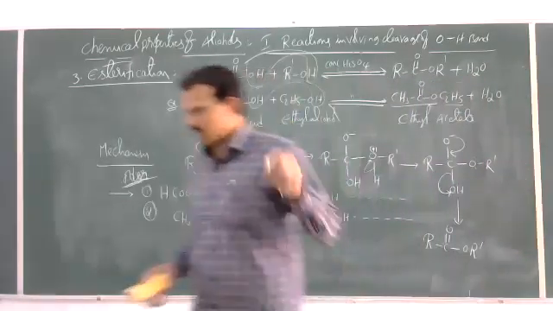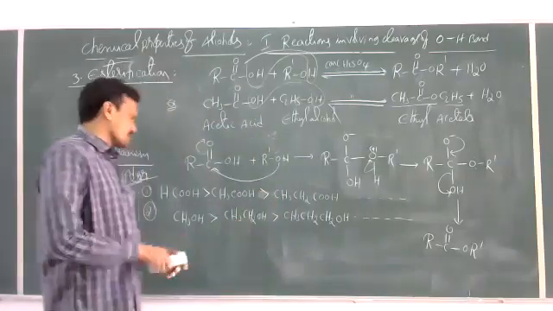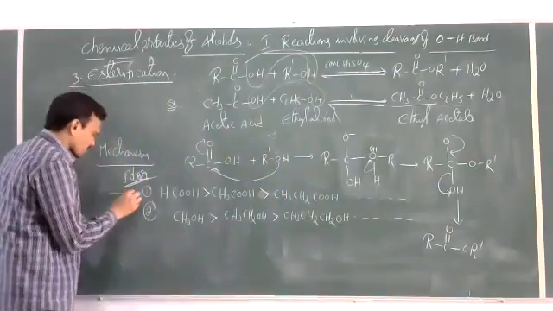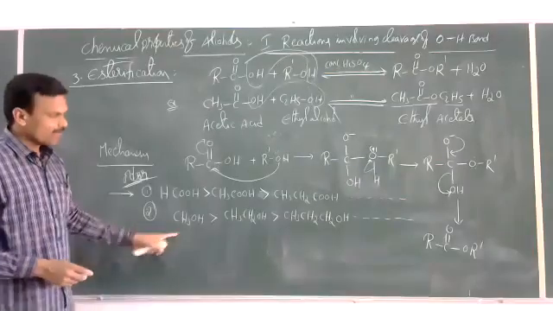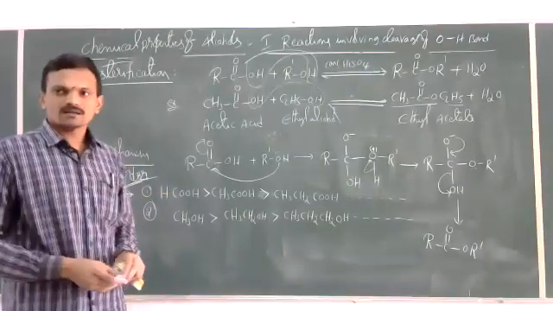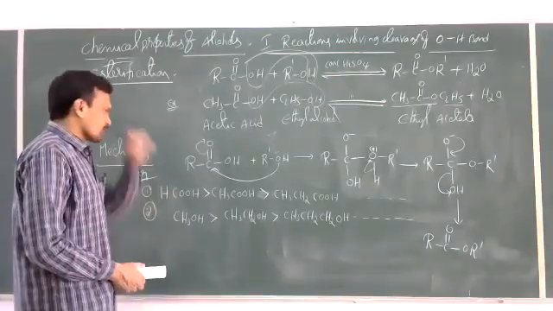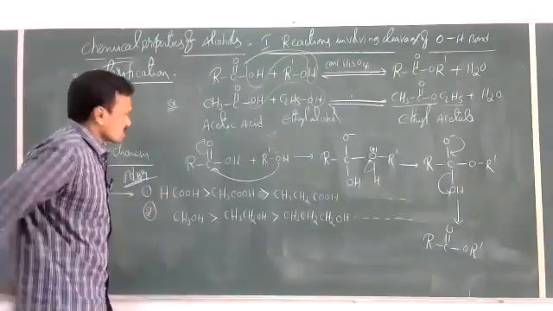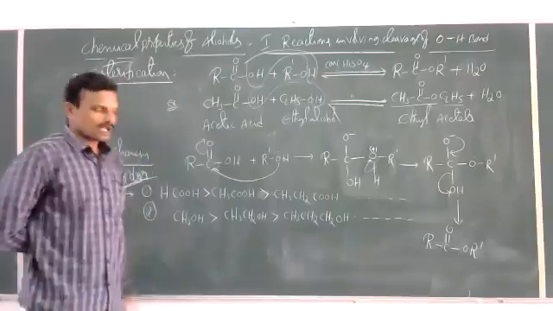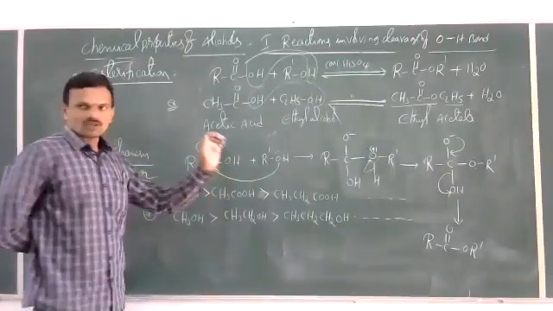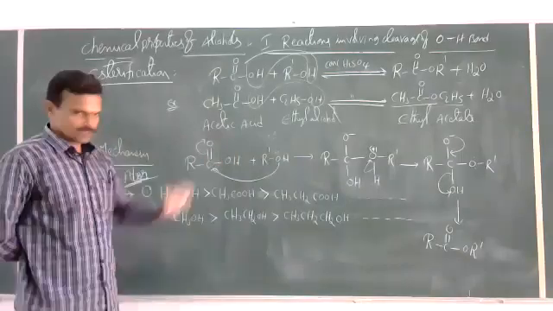So in both alcohol as well as carboxylic acid, as the number of carbon atoms increases, the rate of esterification decreases. Why? Because as the number of carbon atoms increases, the steric hindrance increases. As the steric hindrance increases, the rate of reactivity decreases.